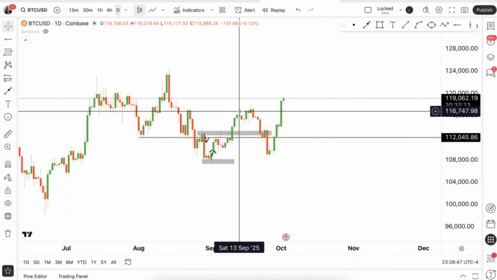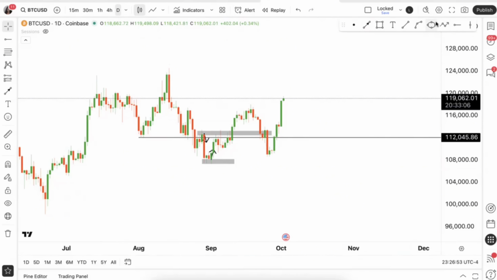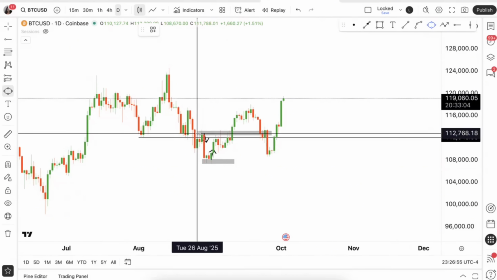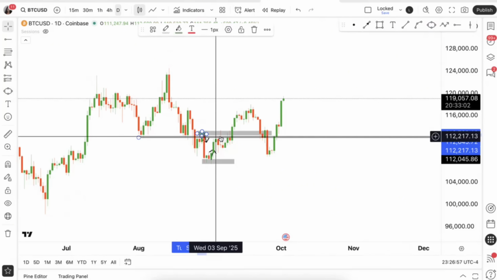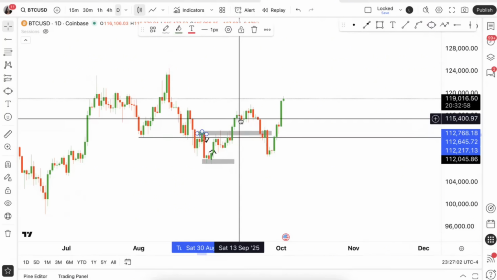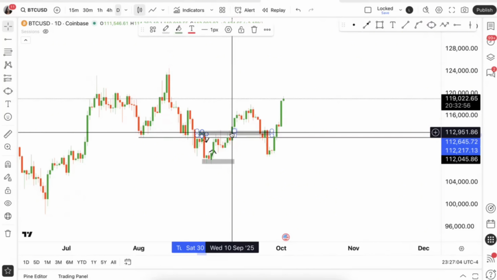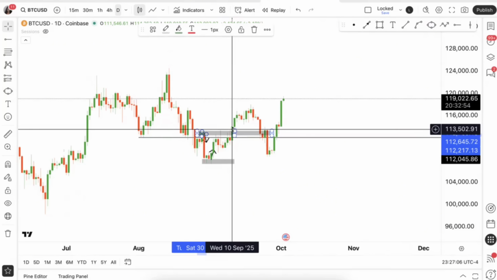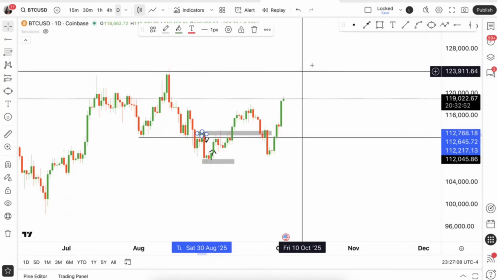I know some of you guys are like, I don't know. I guess some of you guys don't trust the higher time frame, but I need you guys to trust. The moment price goes above a swing high, anything above this particular level will be bullish.